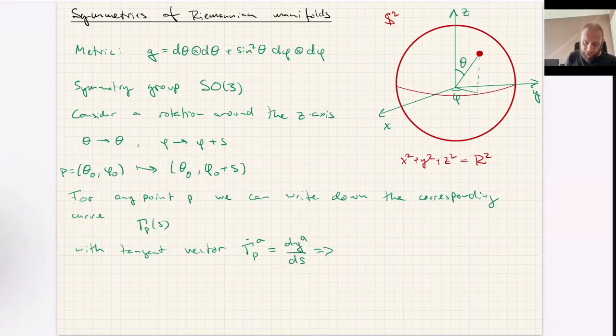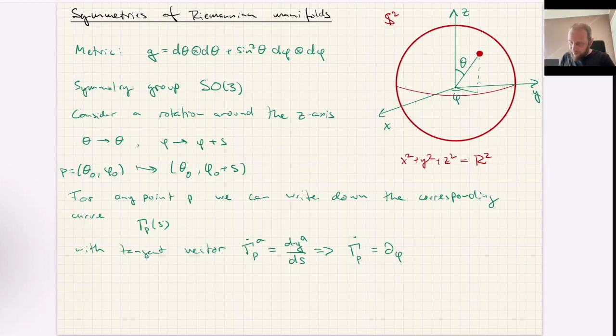And if we differentiate the phi component with respect to s, we just get 1. So this means that gamma_P dot is just equal to the basis vector d phi, because we have the component 1 in front and we have the component 0 in front of the theta.